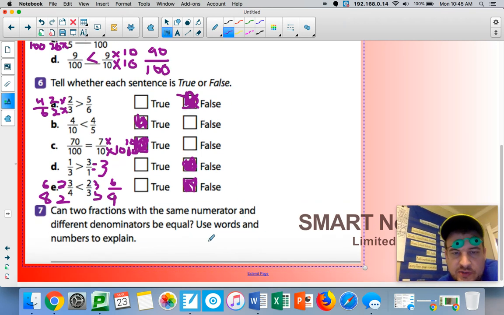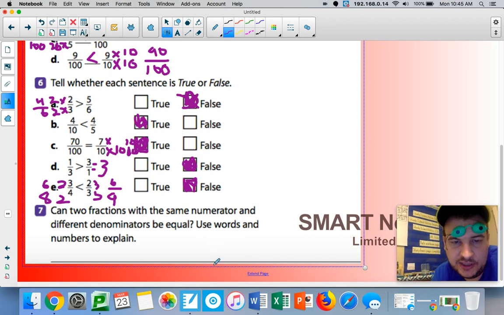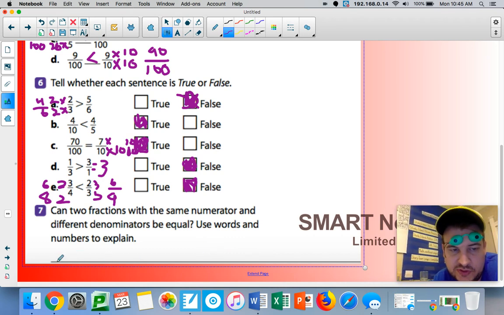Can two fractions with the same numerator and different denominators be equal? Use words to explain. Nope, they cannot.